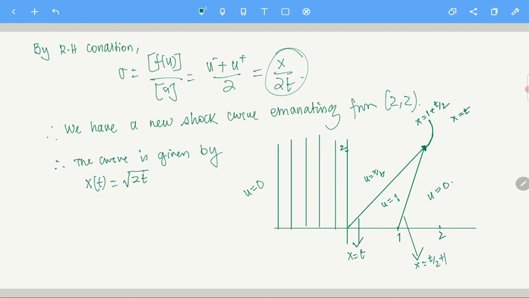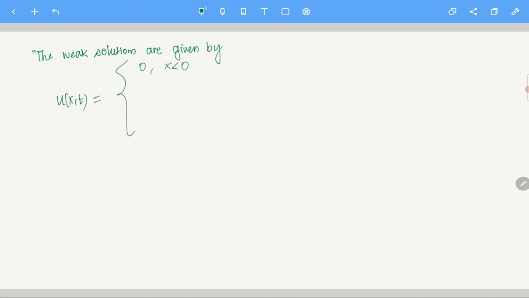This is a little complicated now. Let me write down the weak solution. There are two shock curves. The weak solution is given by: u of x,t is, the first one, if you remember, 0 for x negative, x by t when x lies between x equals 0 and x equals t.